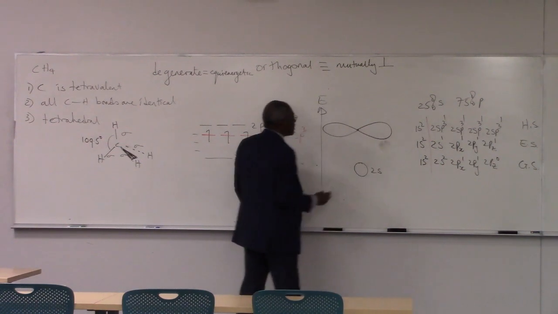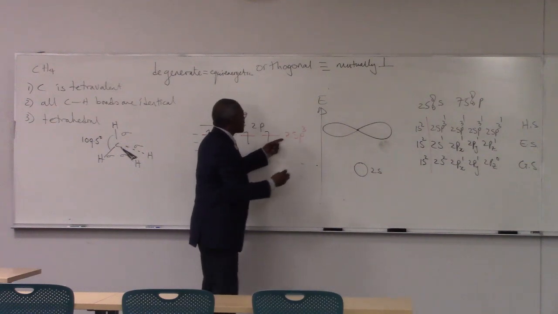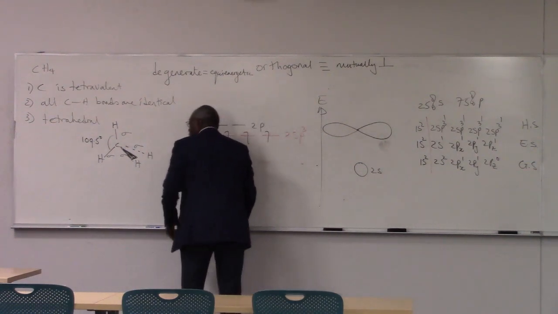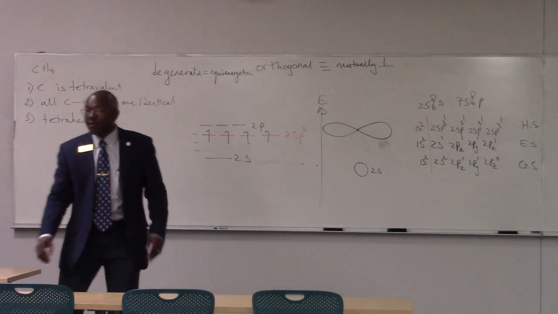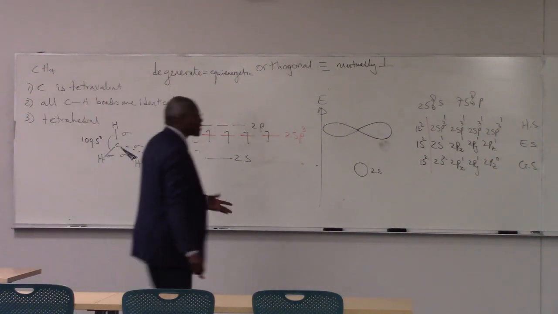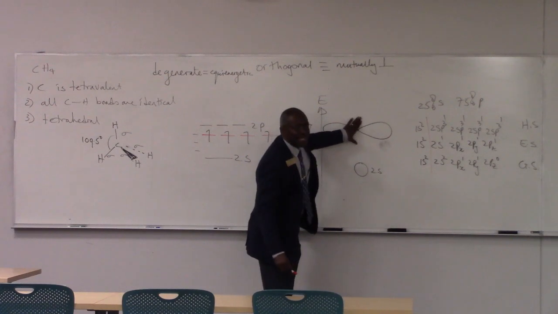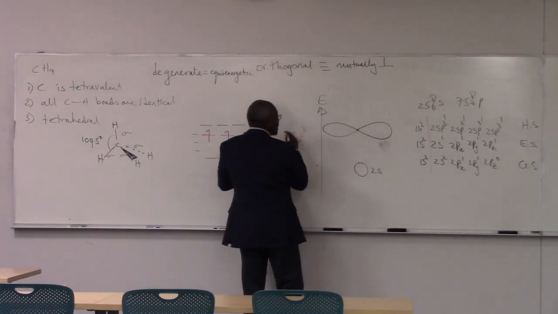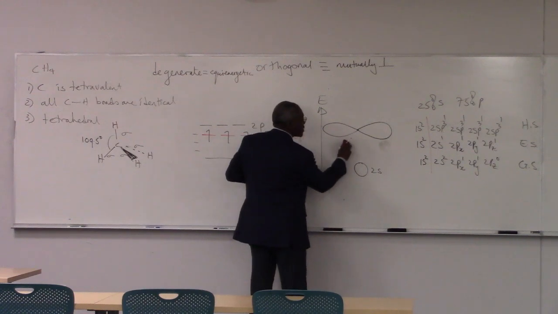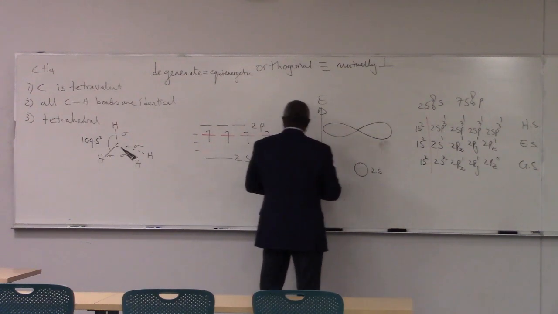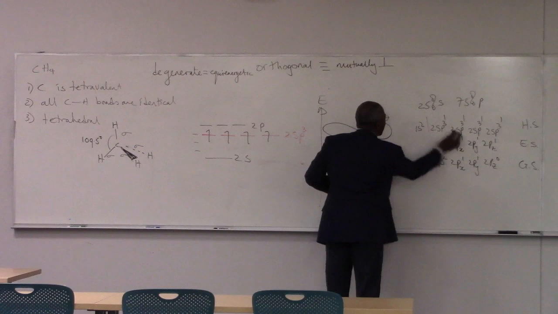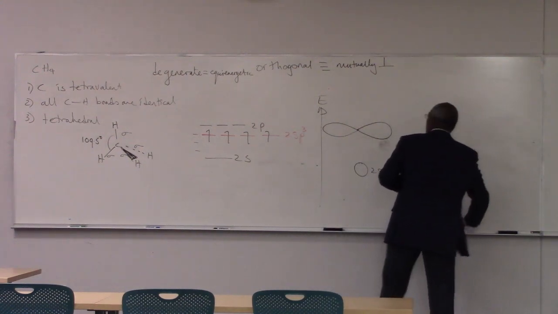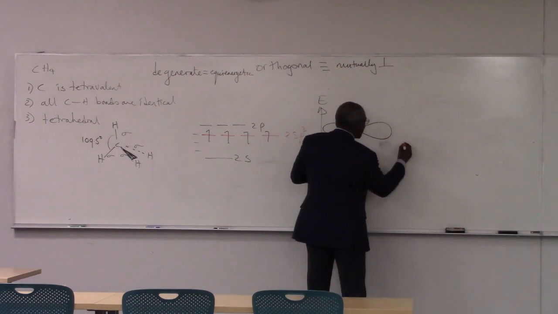Right? That's my 2p. The sp3, which is lower in energy, is going to have more p character than it has s character. So it looks more p-like than s-like. So what will it be? First of all, in terms of energy, it'll be at this energy level. And just to make room, I'm going to go over here. And it will look something like this.